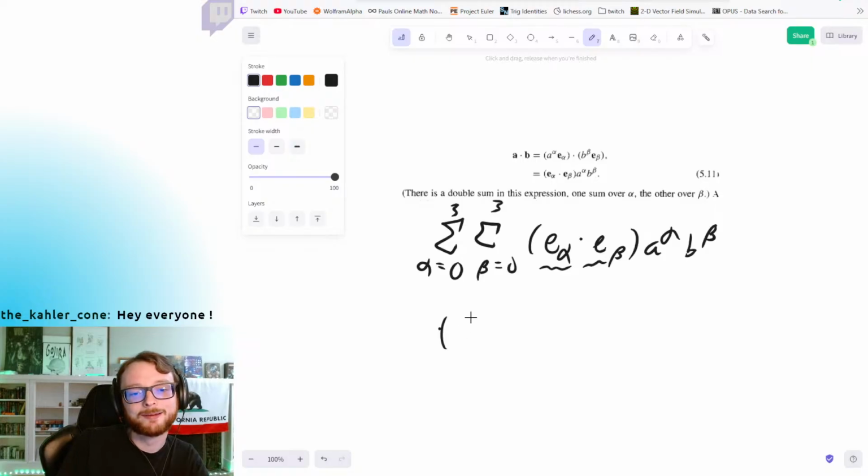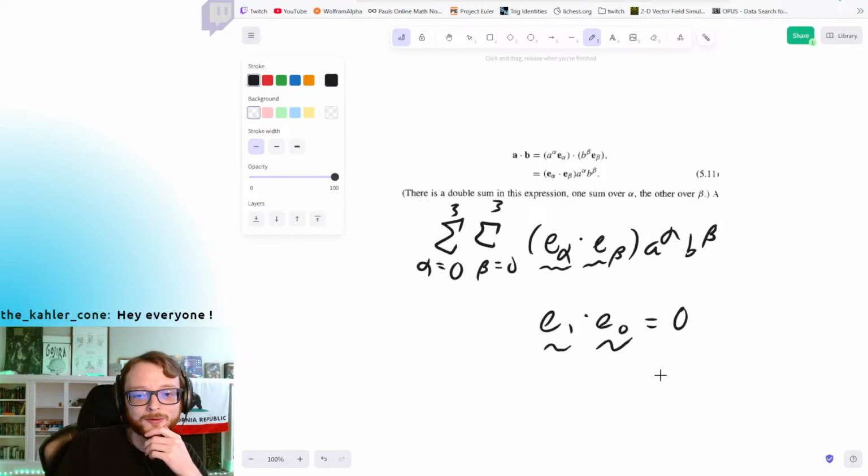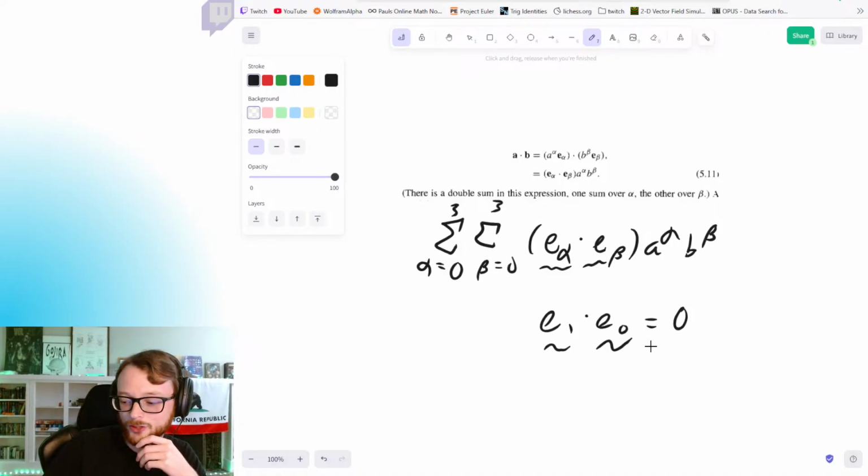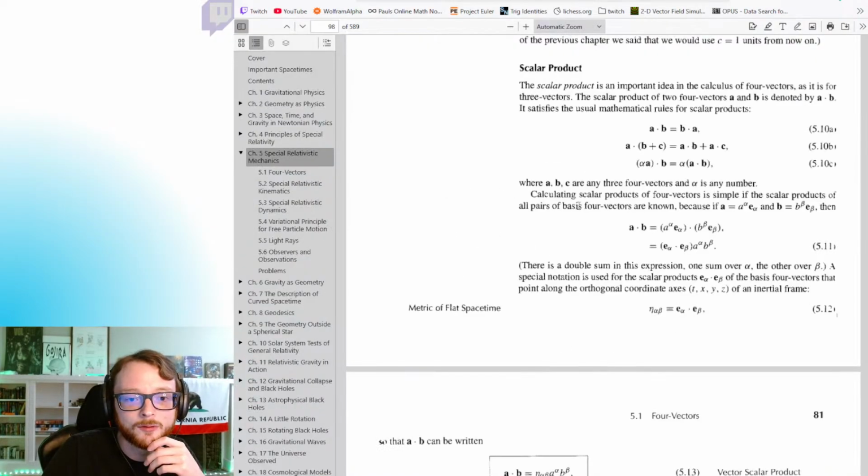Like, I think it comes out to be the same thing because E1 dot E0 is 0, right? These are orthogonal. Maybe I've been worrying about nothing. But are they generally orthogonal? I don't know.